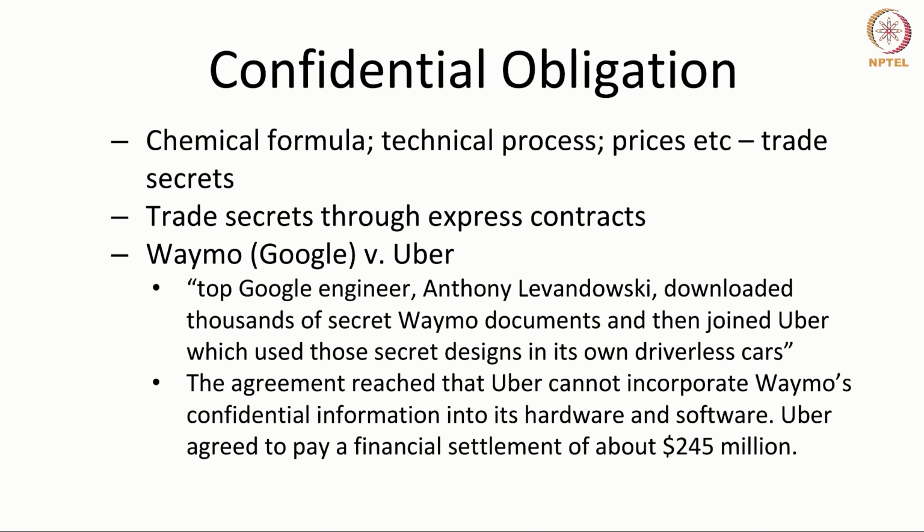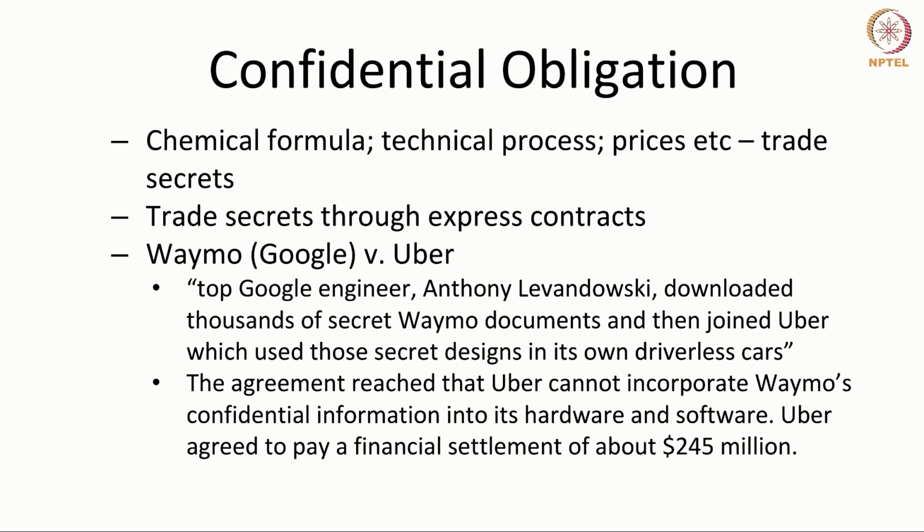This case, though it was set to go into trial earlier in 2018, both the parties reached an agreement, and Uber agreed that it cannot incorporate Waymo's confidential information into its hardware or software, and Uber also agreed to pay a financial settlement of about $245 million to Google. That was paid through shares of Uber.